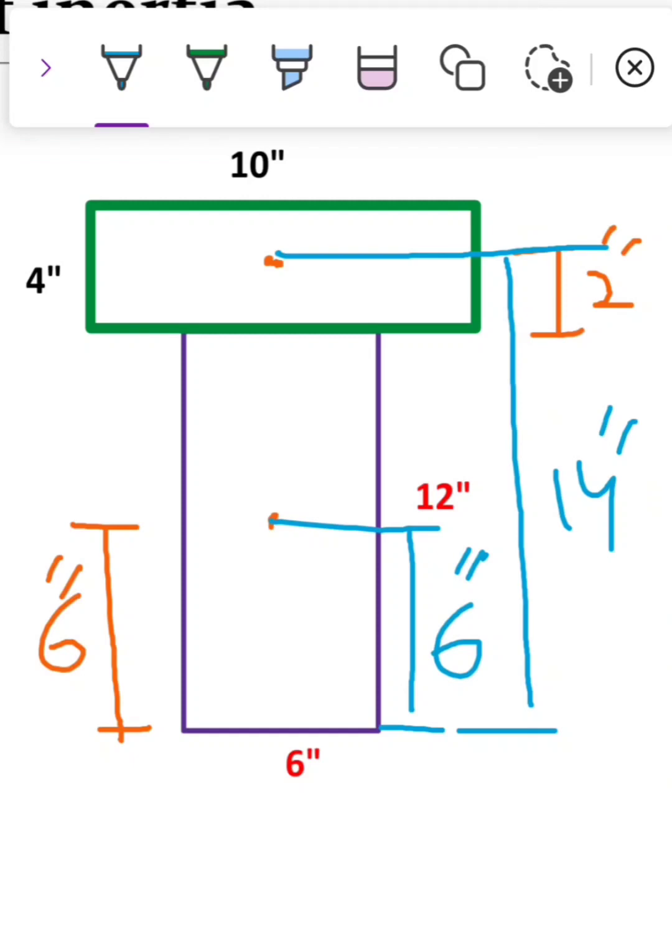So now the requirement is to calculate the center of gravity for the combined figure, meaning the y dimension where the total mass of both rectangles will act. So we are interested in calculating this y dimension from the reference axis.